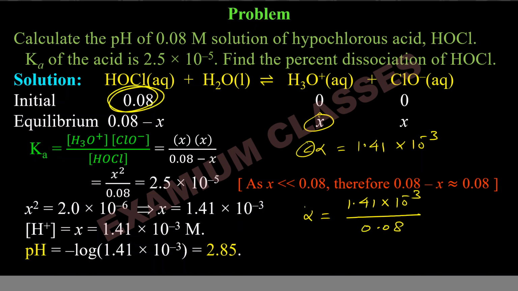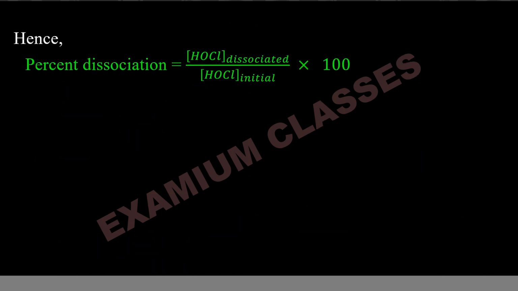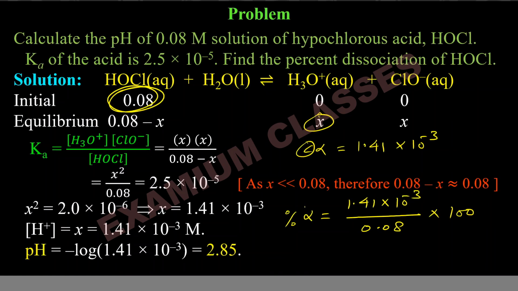If I need percentage, I need to multiply it by 100. So I get the same thing: 1.41 into 10 power minus 3 divided by 0.08 into 100, which I got using the formula dissociation divided by initial value into 100. That is 1.76%. Same thing I will get using another method also, 1.76%.